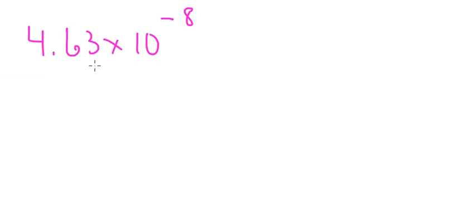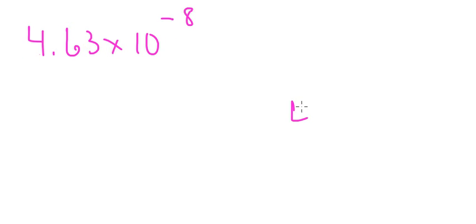To do that, we have to move this decimal place 8 places to the left. Because we have a negative 8, it's telling us that we have to go 8 places to the left. And so when I do that, I'm going to wind up with 7 zeros in front of my 4, because one of my places is right here at the 4. Then I have to go over this many more places.